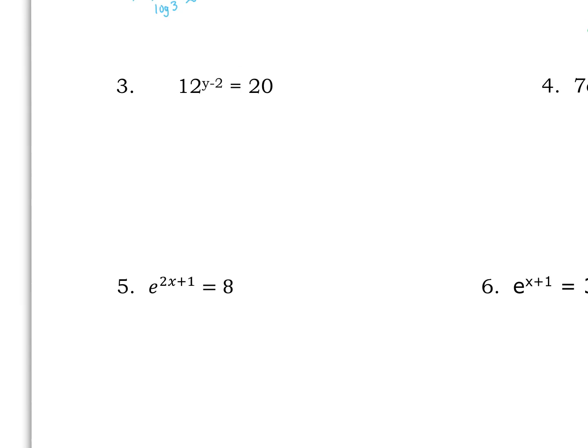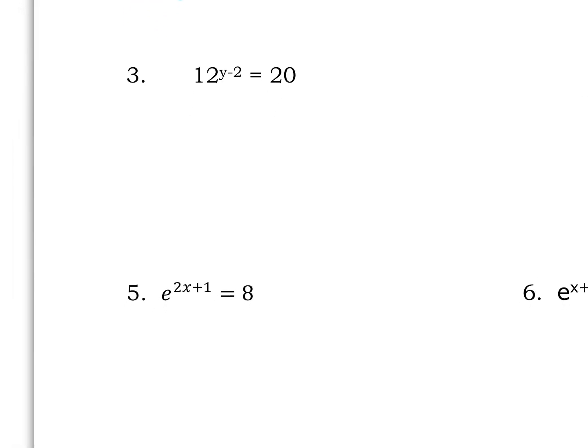If you notice now for this next example, similar process, we cannot raise both sides to a similar power, and so we are going to take the log of both sides. And when we do that, when we rewrite, we've got y minus 2 times the log of 12, and that is going to be equal to the log of 20.